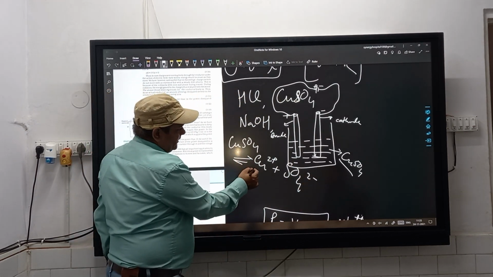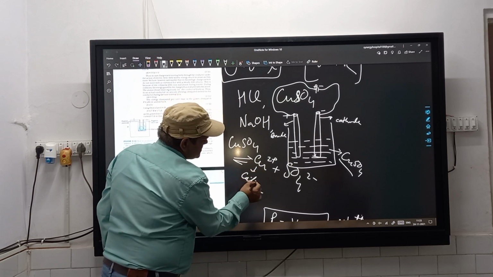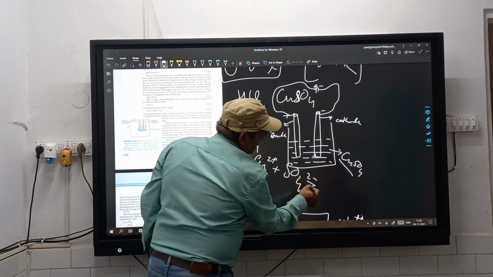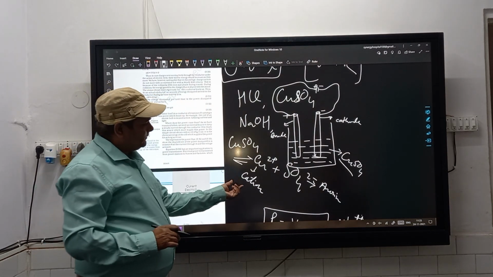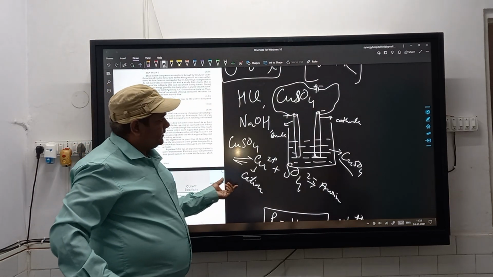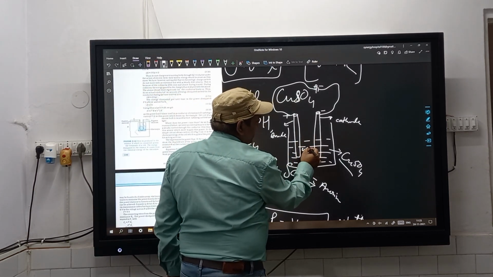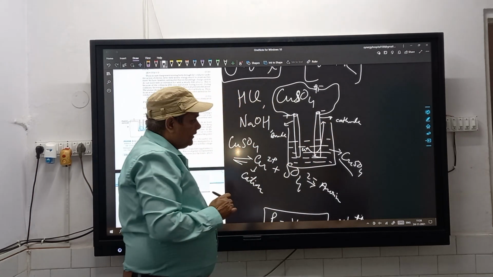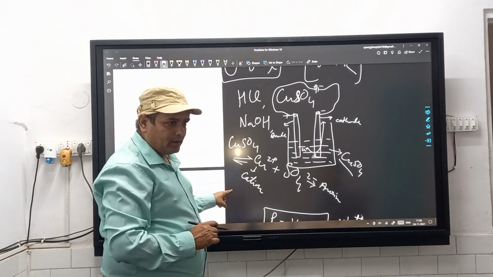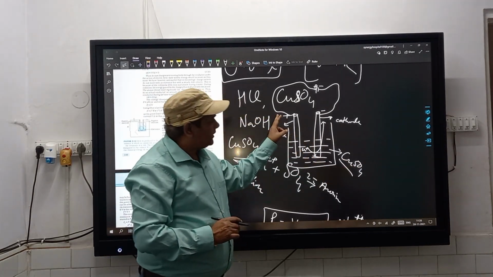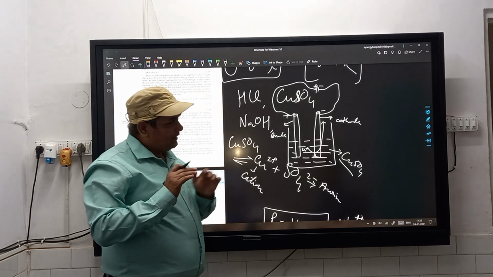This is called cation and this is called anion. Why is it called cation? Because positive ions, that is Cu2 plus ions, will migrate towards the negative, towards the cathode. That is why these are called cations. And this will migrate towards the anode. That is why it is called anion.